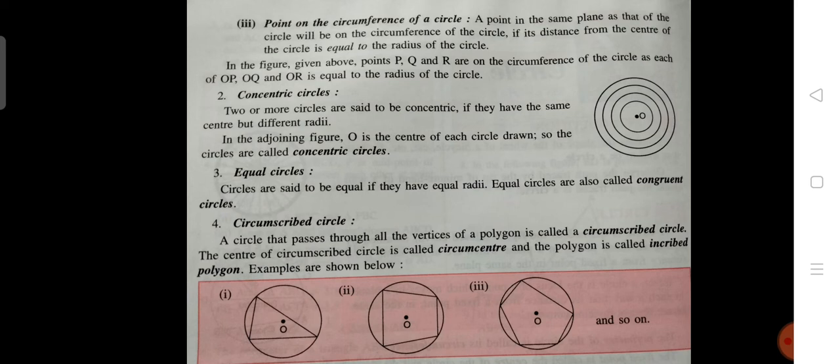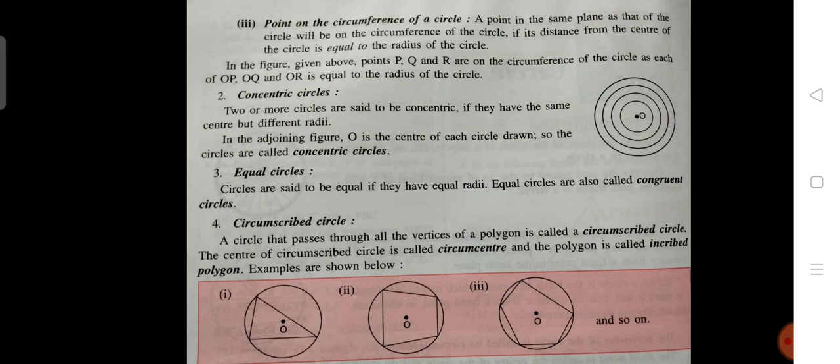If a circle passes through all vertices of a polygon, it is called a circumscribed circle. The circumscribed circle's center is the circumcenter, and that polygon is called an inscribed polygon.